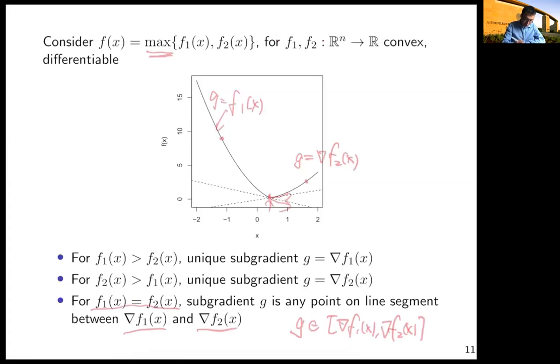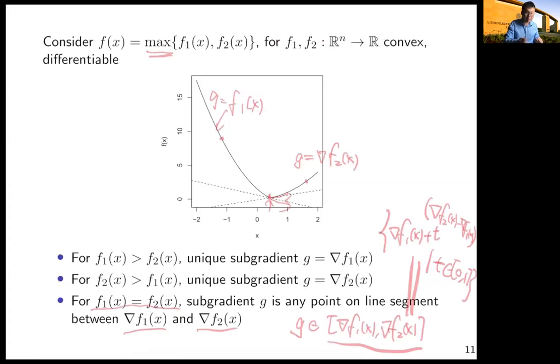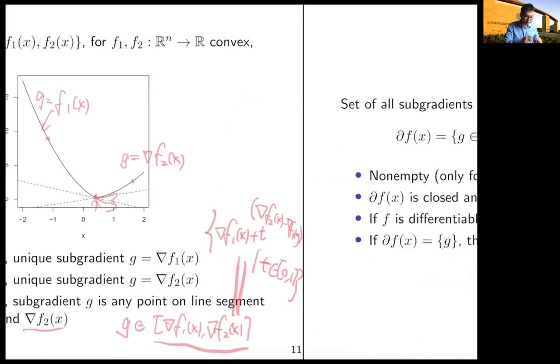So I'm abusing the notation a little bit. This actually means that for all f1 x plus t times gradient of f2 x minus gradient of f1 x, for t in 0 and 1. Okay. Since they can be like a multi-dimensional object.